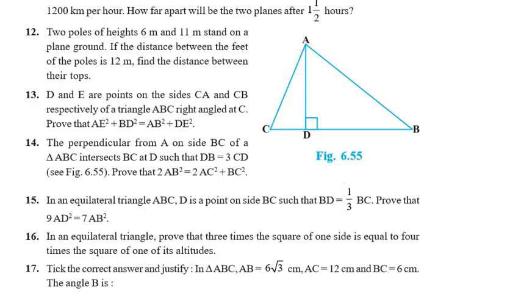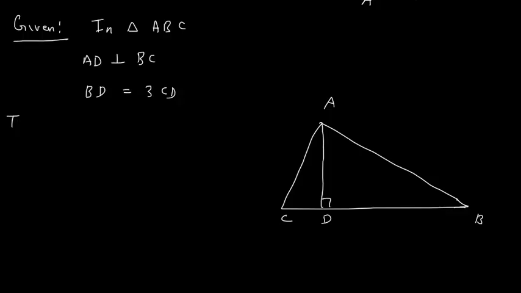BD is equals to 3 times CD, and to prove, we have to prove that 2 times AB square is equals to 2 times AC square plus BC square. Okay, this you have to prove, and let us start with the proof.